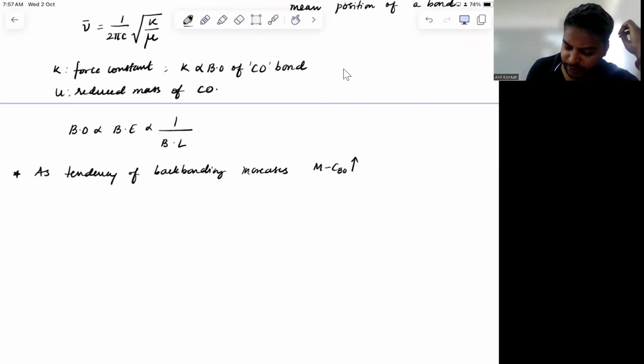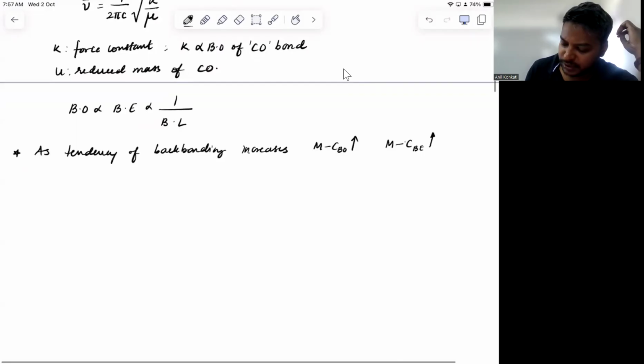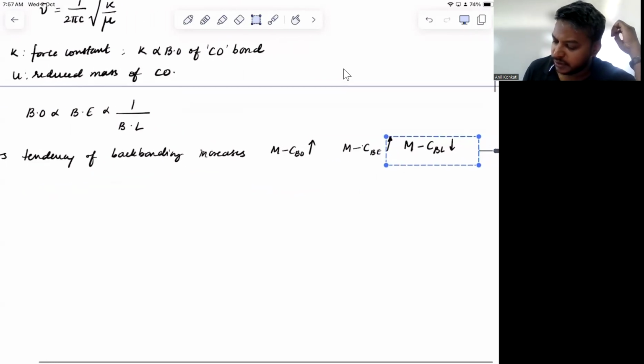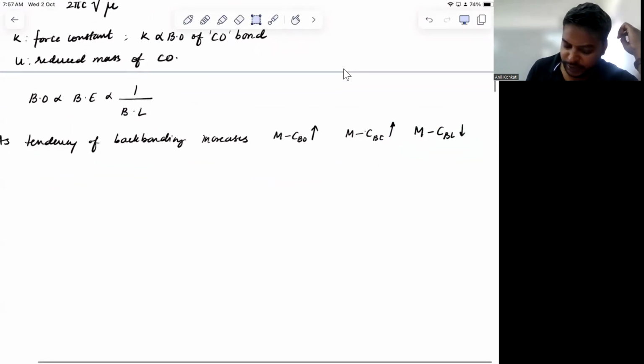Which means metal carbon bond energy will also increase. And metal carbon bond length will decrease.